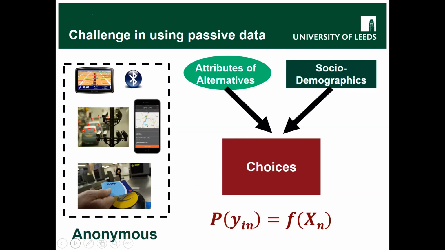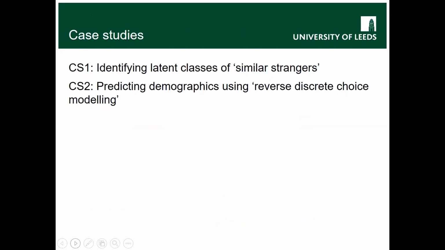So in this presentation, I'm going to talk about two case studies. The first one is where we used smart card data to capture the differences in sensitivity towards peak spreading policies.